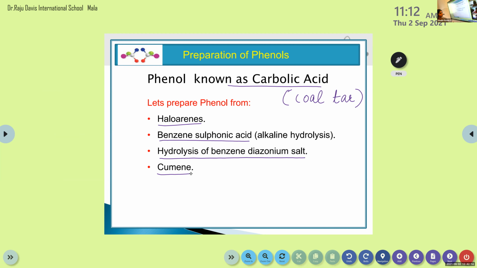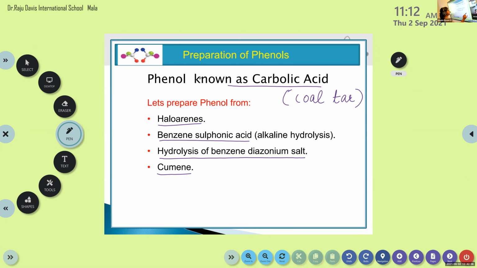What about the structure of phenol? How can we draw the structure? Sania, can you tell me? What about the structure of phenol? Yes. Which group is present there?